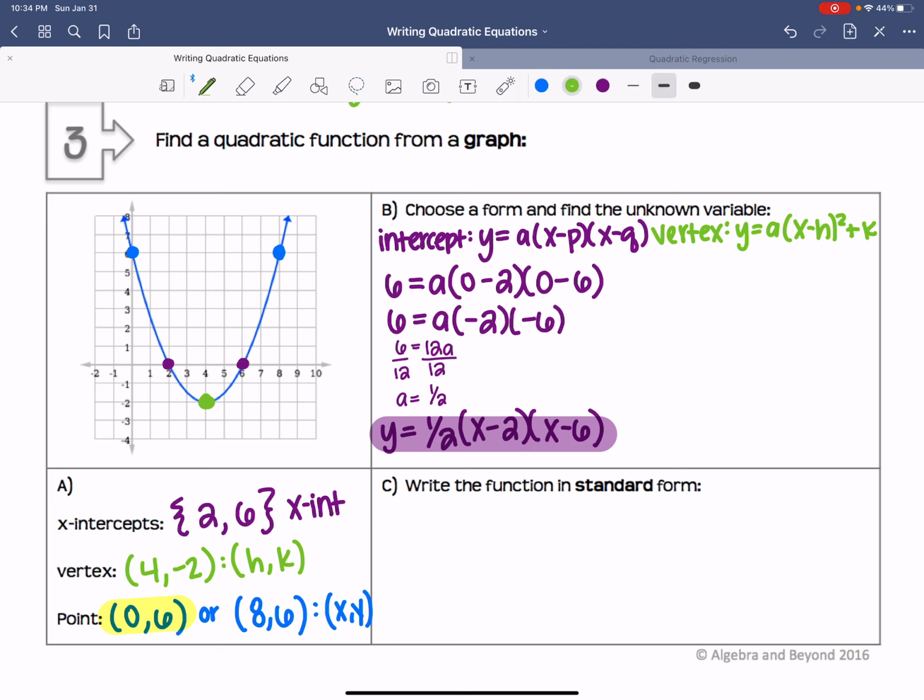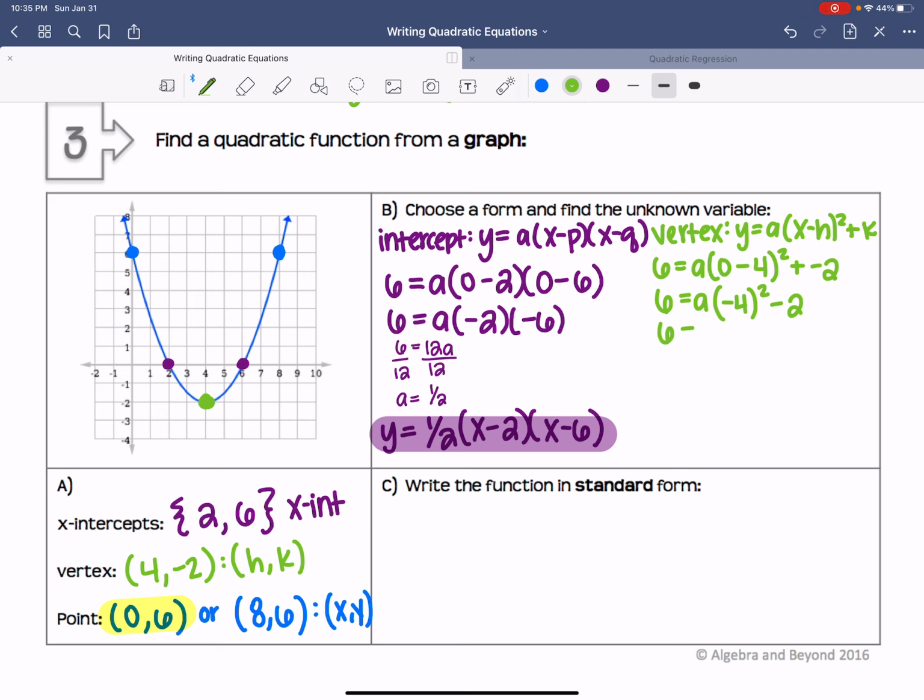So I'm going to continue using 0, 6 just because that 0 makes things a little easier. So I'm going to use my y as 6 equals, we don't know a, and then we have x, which is 0, minus h, which is 4, squared, plus our k, which is -2. Now we can do some simplifying. So 6 equals a times -4 squared minus 2.